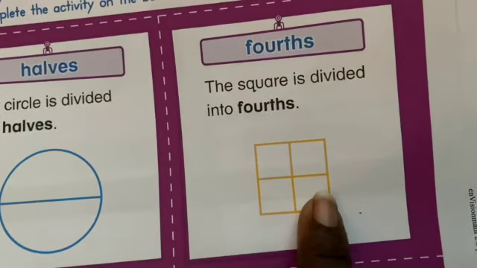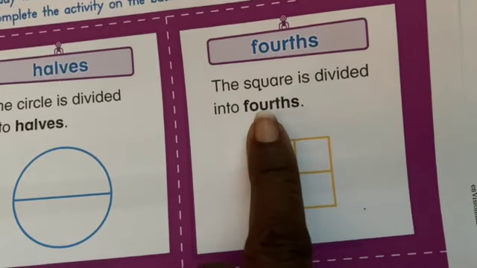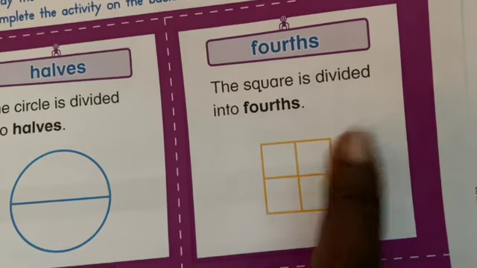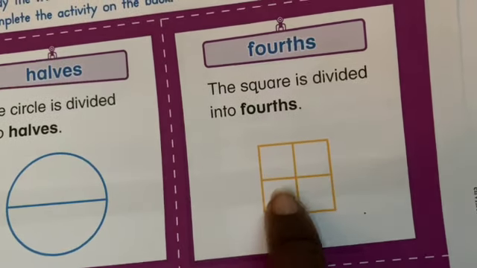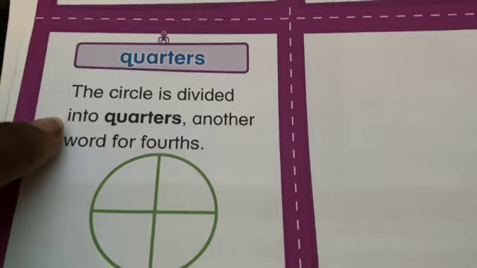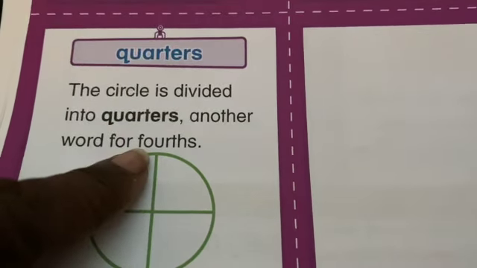So now you have four pieces. Without these lines, it would make it one piece. With this line drawn here and here, now makes it four. 1, 2, 3, 4. Okay. Quarters. The circle is divided into quarters. Another word for fourths.